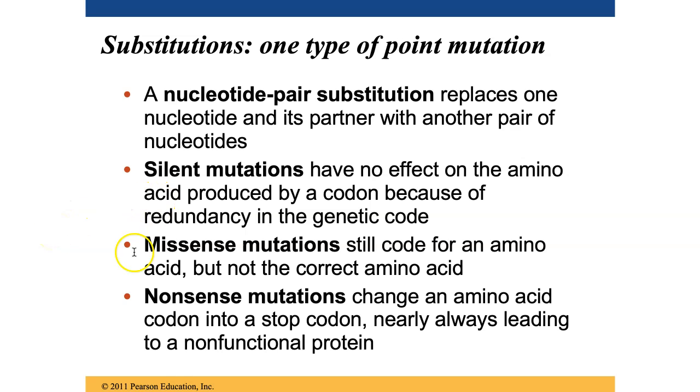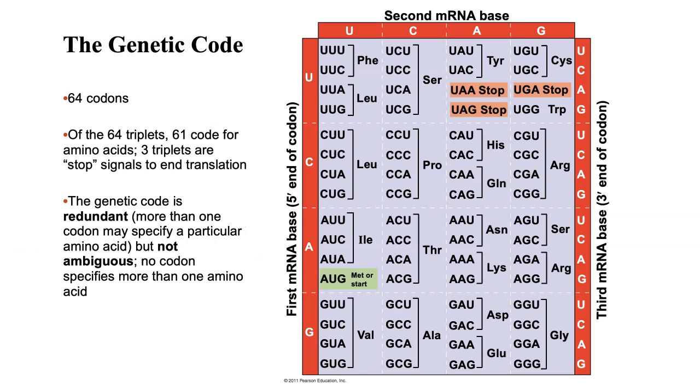So these are the outcomes that we can have from mutations. We can have a silent mutation, which has no effect on the amino acid that's produced by our codons because of, if you remember I showed you earlier, the redundancy of the genetic code. Let's look at the genetic code. Remember, the genetic code is redundant and not ambiguous.